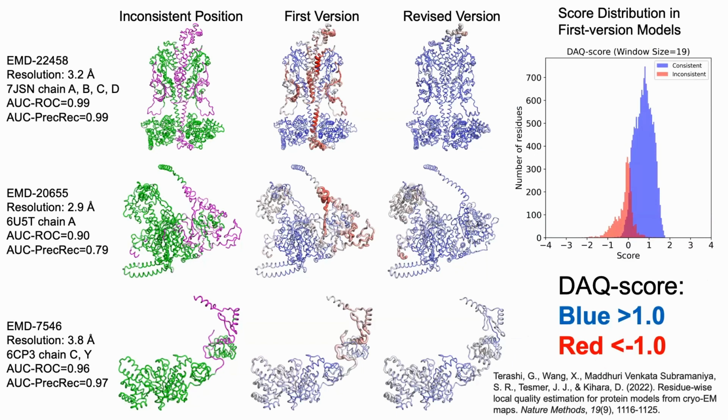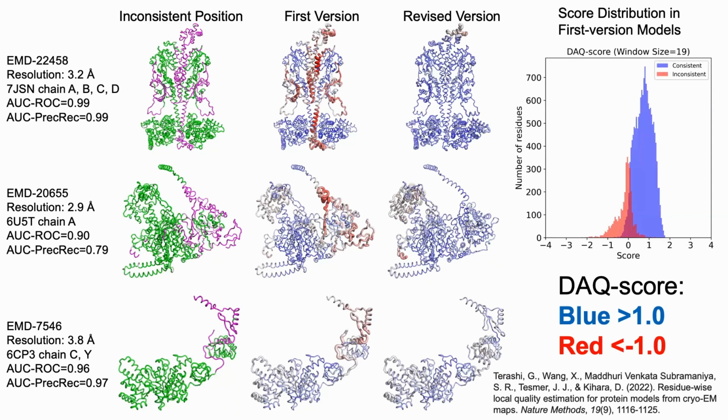So clearly, we can see that the revised version has a higher, better DAQ score at the local positions, and they are also clearly correlated with the updated positions. If the DAQ score says low score, at the same position the coordinates were updated from the initial to the revised version.